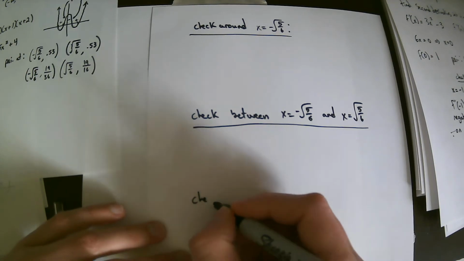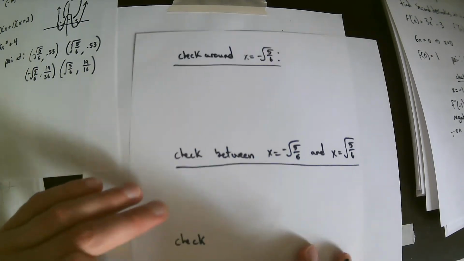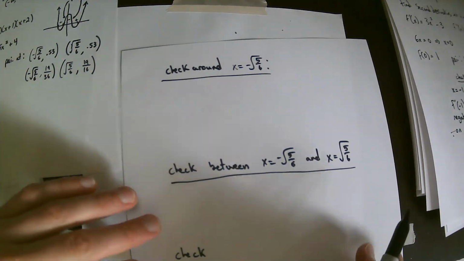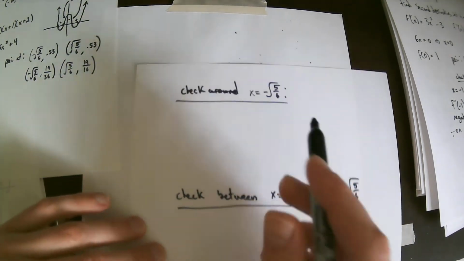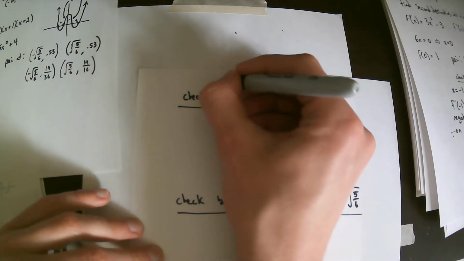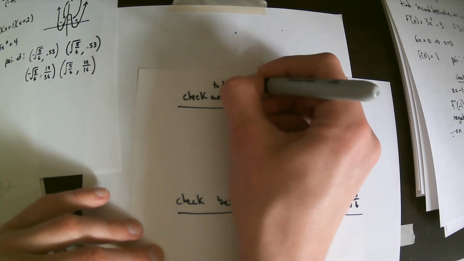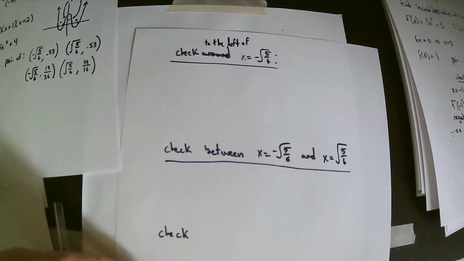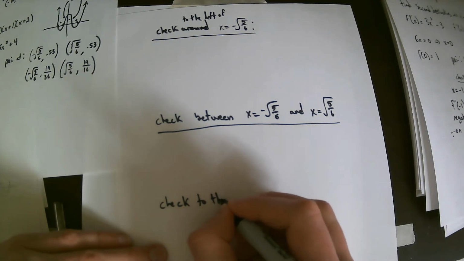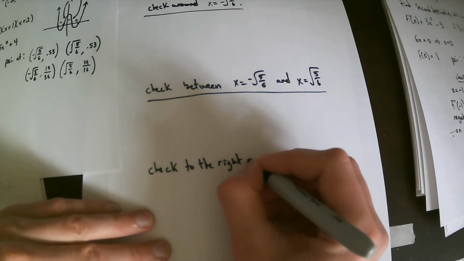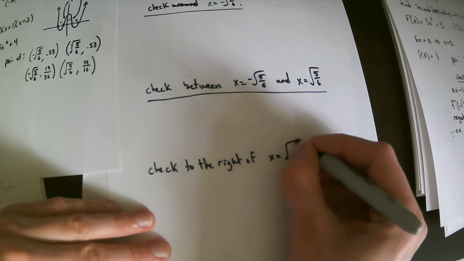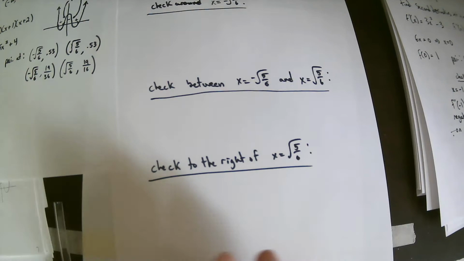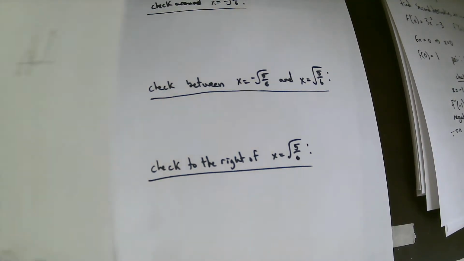I shouldn't say around, because you say around if you've only got 1 point of inflection. Let me say it this way: check to the left of this negative one, then between the negative and the positive one, and then check to the right of that positive. You can do a nice little table. That's the way I did it in my notes over here.